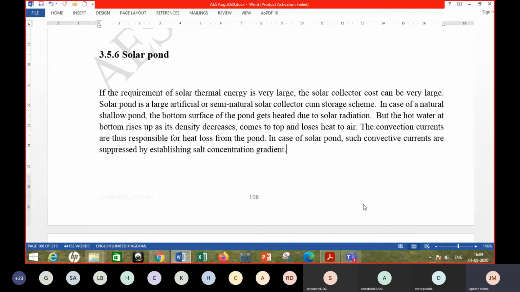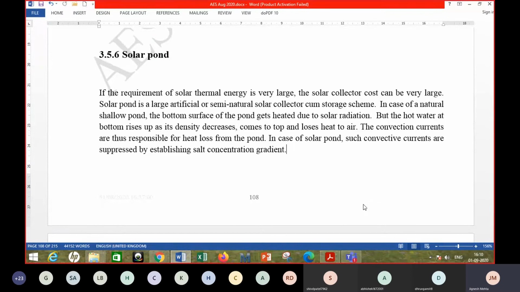Okay. So what happens in the case of natural ponds is that the solar radiation enters the water, some part of it gets absorbed, the remaining strikes the bottom, and some part of it gets absorbed there also, and it may heat the body of the water. But you don't see the water body at high temperature, rather you find it at low temperature because of continuous evaporation from the top surface.